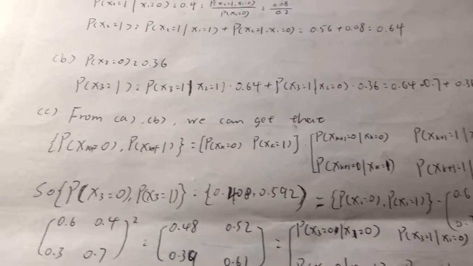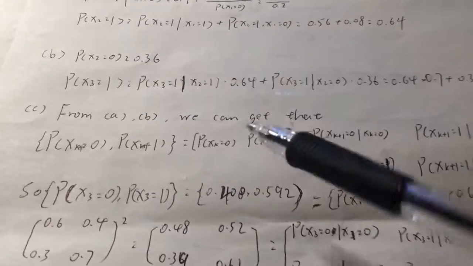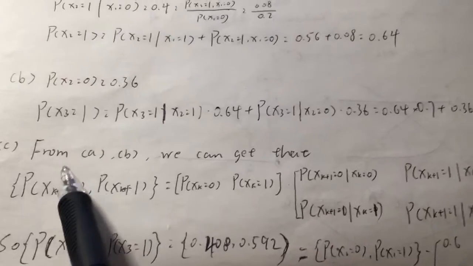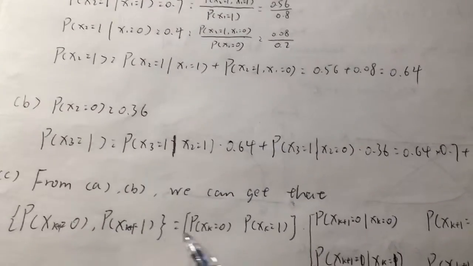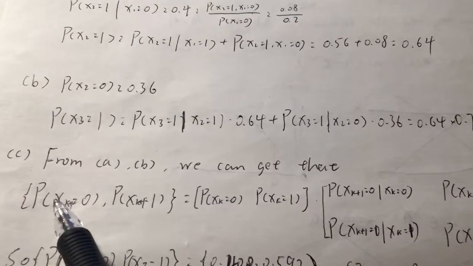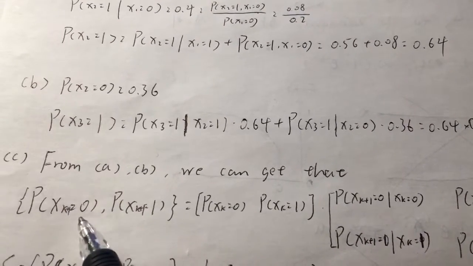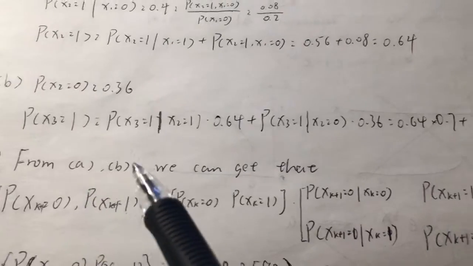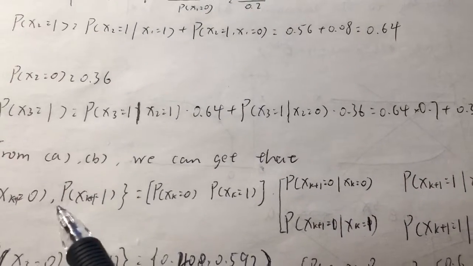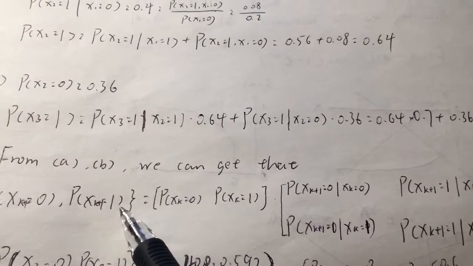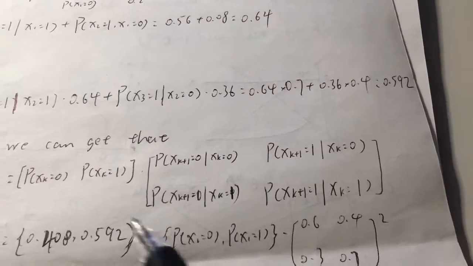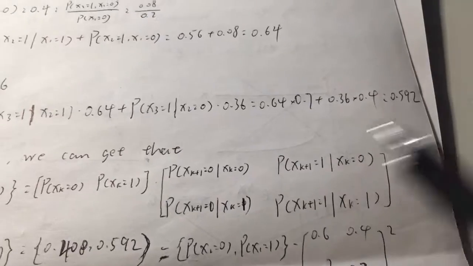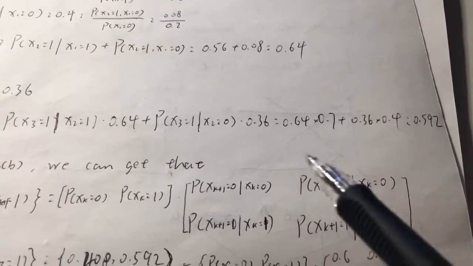From A and B, we can use a matrix: the probability that xk plus 1 equals 0, and the probability that xk plus 1 equals 1. That's the whole matrix. We can use this matrix to calculate the result.